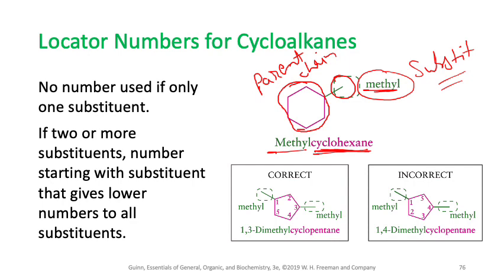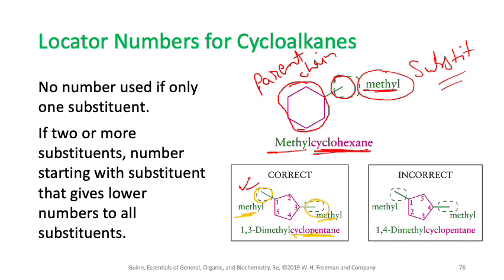The second case is if you have more than 1 substituent attached to it. In this example, you have 2 substituents attached, one over here, one over here. Both of them are methyl substituents, and what's your parent chain? Cyclopentane. You have a 5-carbon closed ring structure. That's your parent chain. Again, you have to start counting in such a way that the substituents get the lowest numbers.